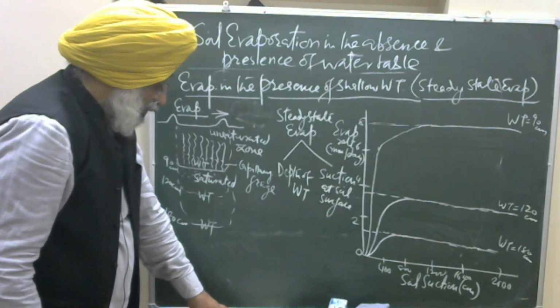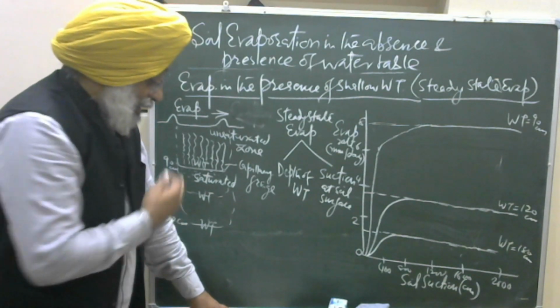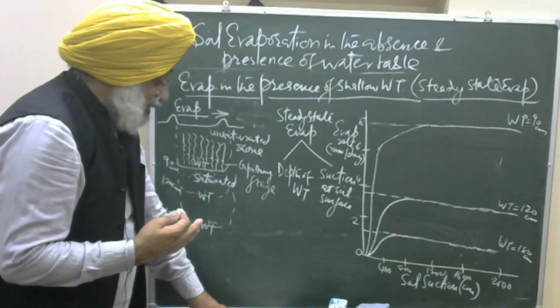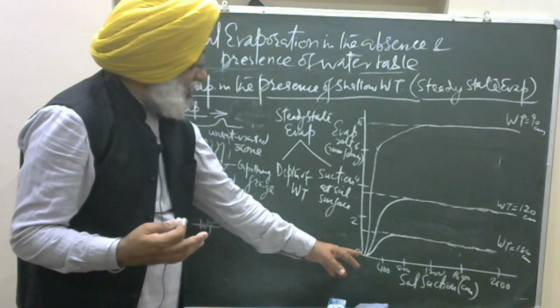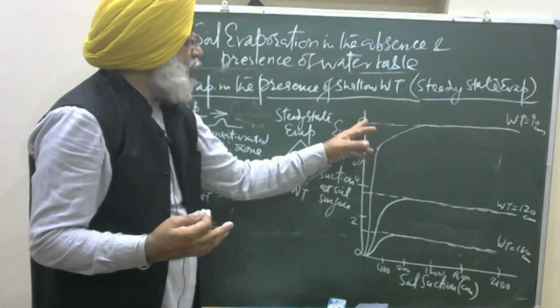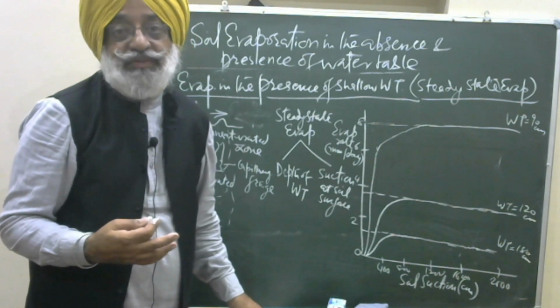So if water table is shallow and suction at the surface decreases, then evaporation rate will be equal to demand. Here you can say this could be equal to the demand of the atmosphere.